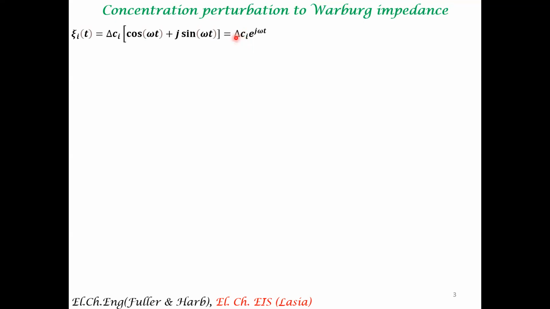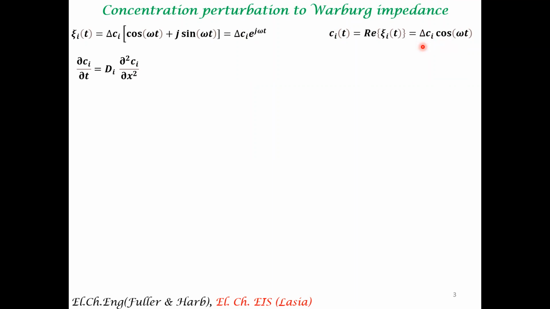So this is a periodic variation in concentration because of the imposition of the AC signal. So the real part of this concentration variation is of this form. We have subtracted the mean concentration, and it is just the concentration over and above the mean concentration.